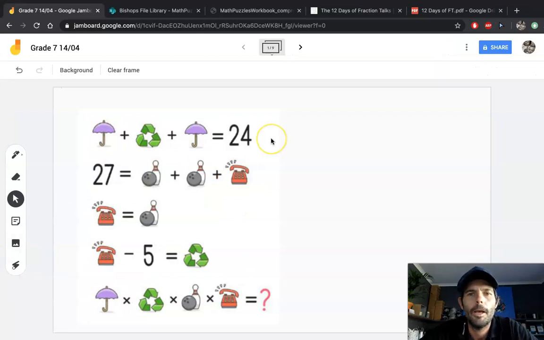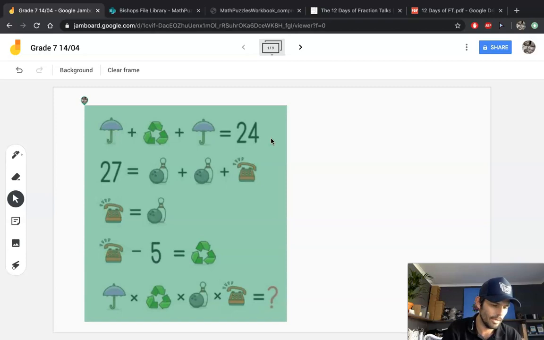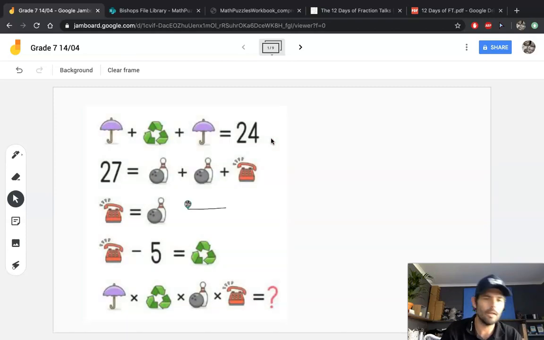Okay, so hopefully you've worked it out. Let's see how you guys have fared. We're more than likely going to start on the third line, because we know that the telephone and the bowling ball and 10 pin are equal.